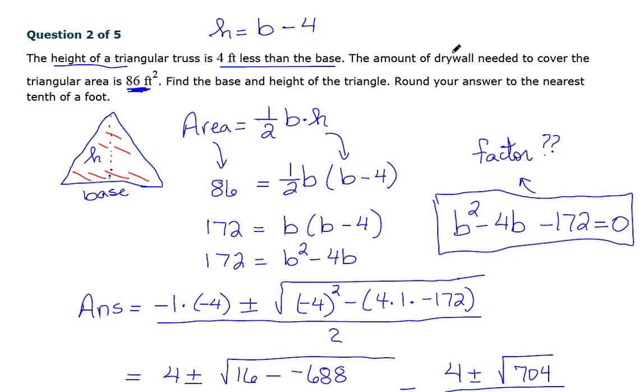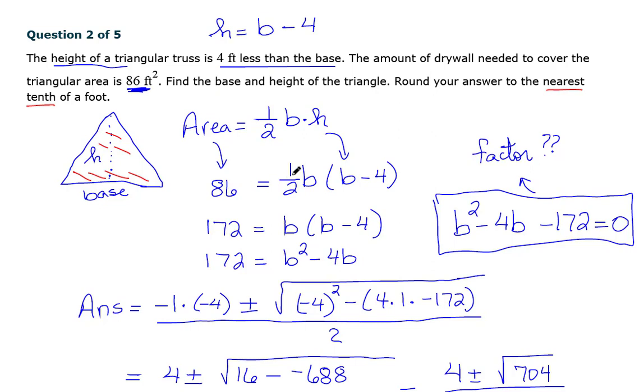And the area of some drywall, that's the white on your walls in your house or apartment, and that area of that triangle is 86 square feet. All right, so I'm going to round this way. And again, here I'm going to round it in the final answer to the nearest tenth of a foot.